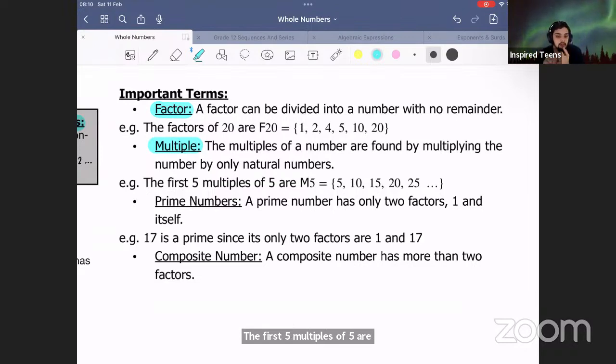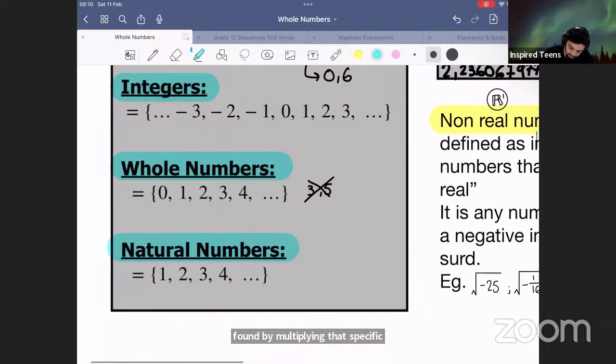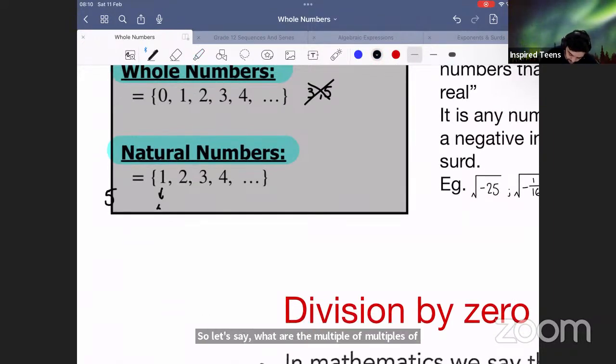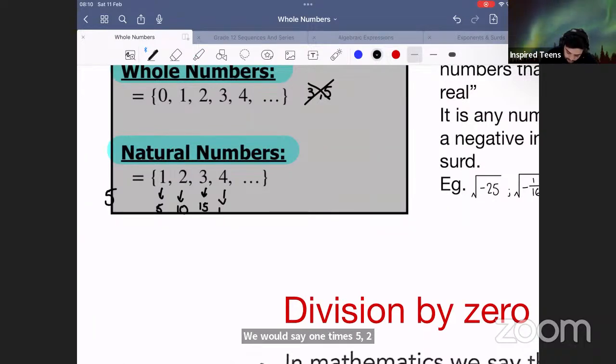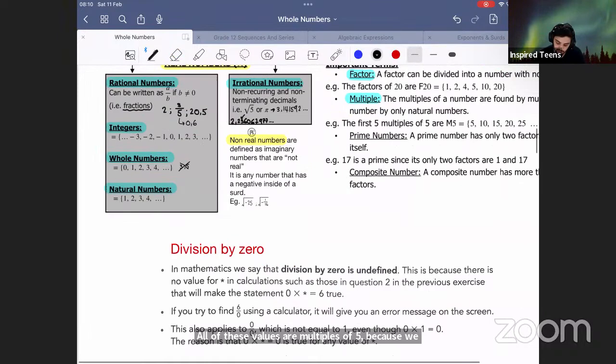So again, according to the definition, the number is found by multiplying that specific number by all the natural numbers. So let's say, what are the multiples of 5? We would say 1 times 5, 2 times 5, 3 times 5, 4 times 5, and so on. All of these values are multiples of 5 because we're multiplying them by the natural numbers, all of them.